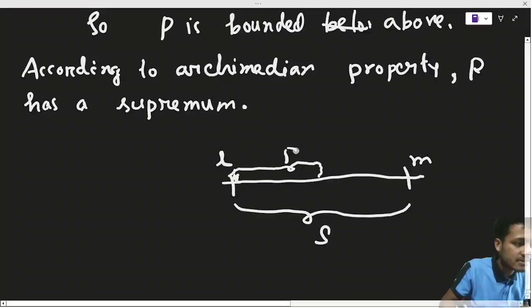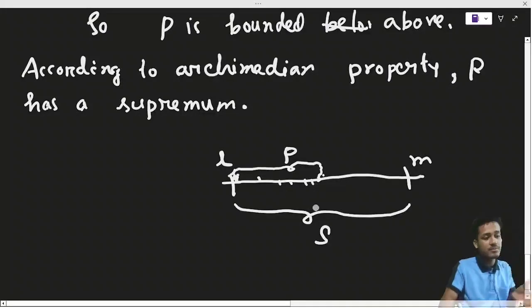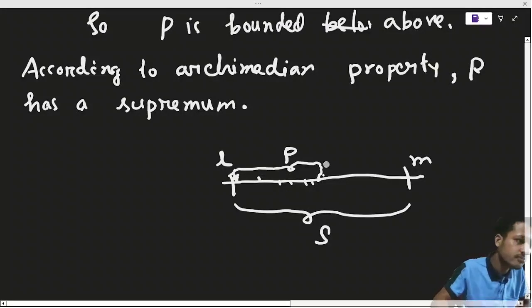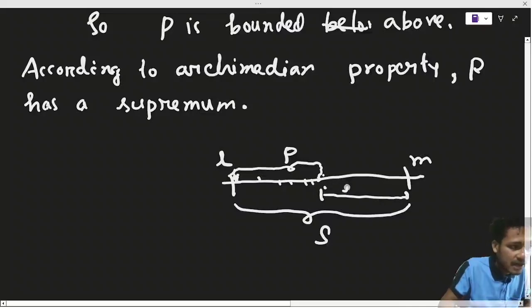If this is the set P, then there are infinite numbers of members from here to here, from here to here there exists finite numbers of members of S. अभी देखिए, S is infinite, तो S के infinite numbers कहाँ पर हो सकता है? ये outside of P, यहाँ से यहाँ तक, यहाँ पे infinite होना पड़ेगा, right? Since S is infinite, तो infinite numbers of members यहाँ पे होना पड़ेगा.